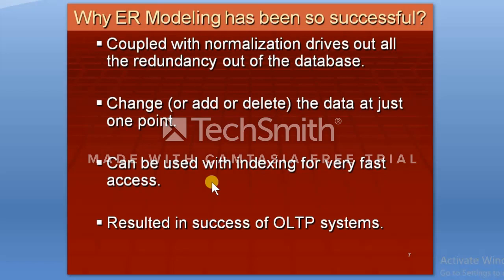So when a database is normalized, as I explained in the example, there are no redundancies. A very big advantage of using the ER model is that we use a normalized approach, and with it data redundancy is eliminated from the database.